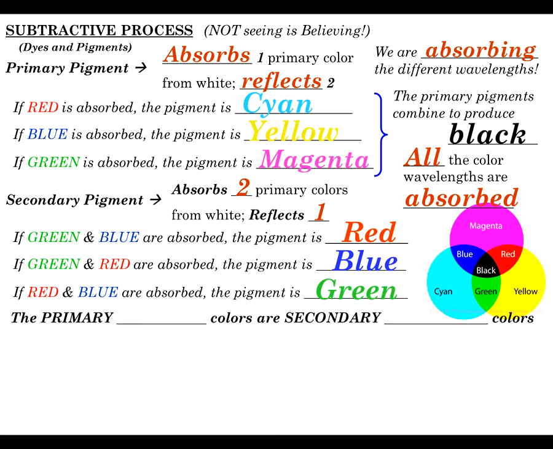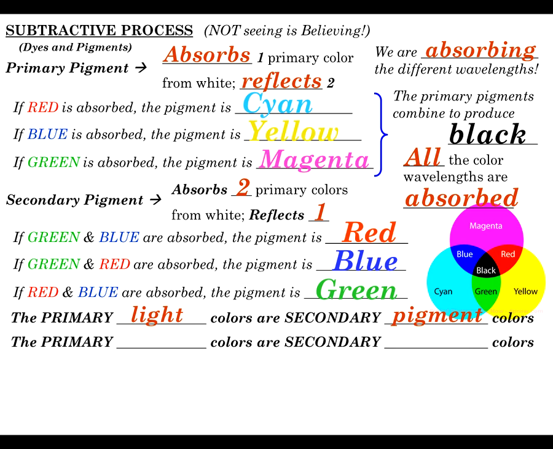So those are the secondary pigments, absorbing two, reflecting one. The primary light colors are the secondary pigment colors. Look at that, the primary light colors, red, blue, and green, are the secondary pigment colors. And the primary pigment colors are the secondary light colors. Are you confused yet? Well, if not, then you've got a really logical, clear mind.